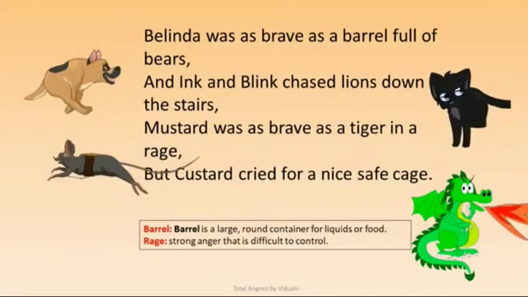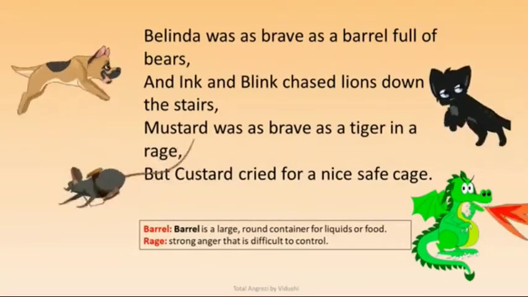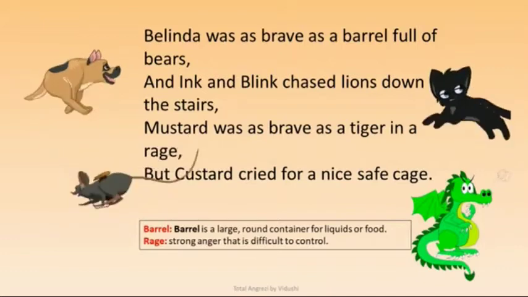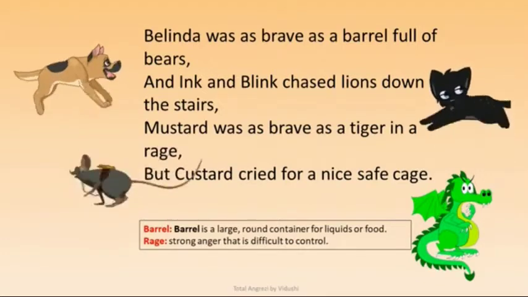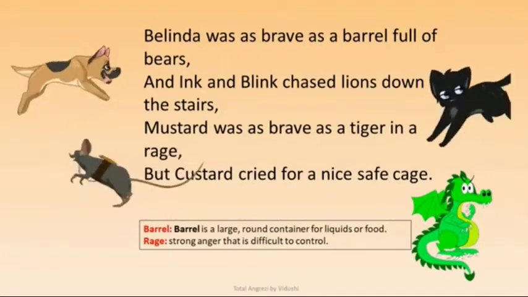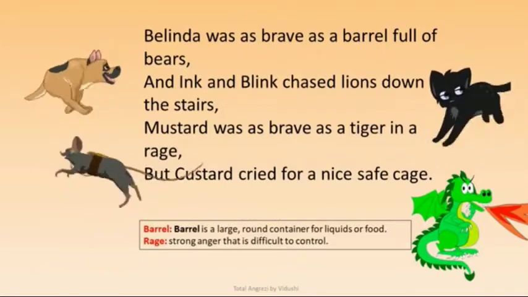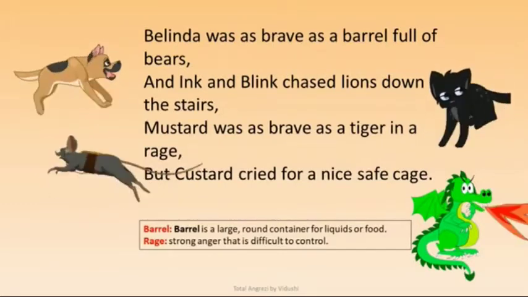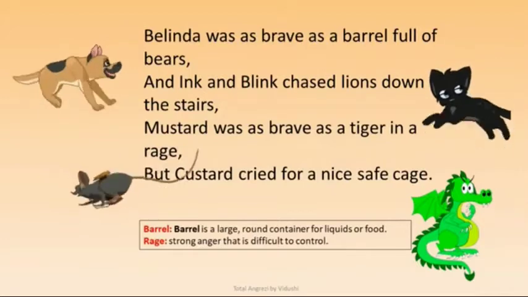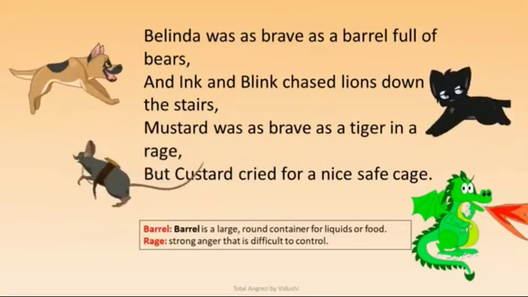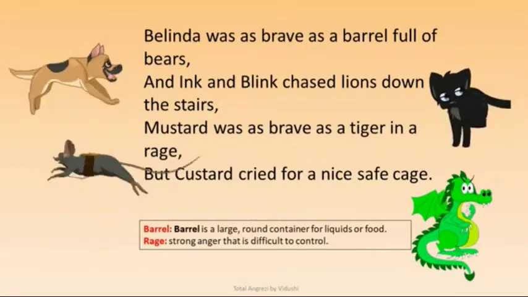Mustard was as brave as a tiger means that the poet is comparing the dog to an angry tiger. Custard cried for a nice cage means that he was very cowardly and always wanted a safe place to hide. He did not want to encounter any danger.